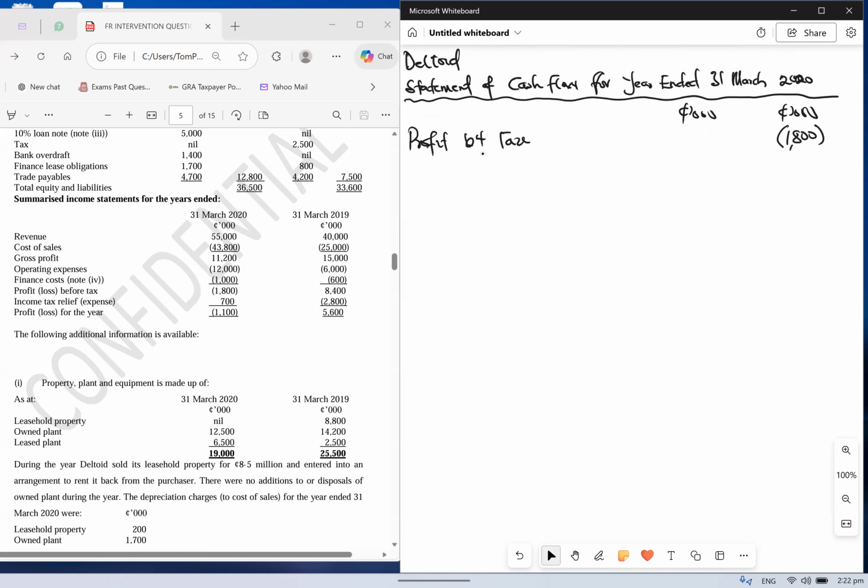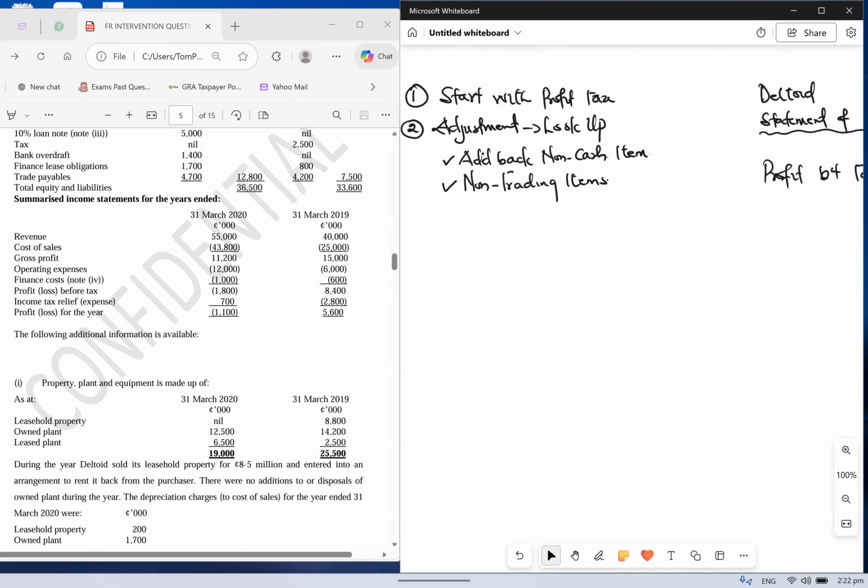At which column? The same place you picked your profit before tax. It should be 2020. Finance cost.